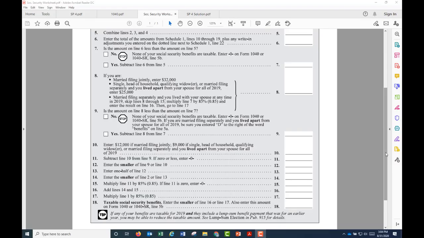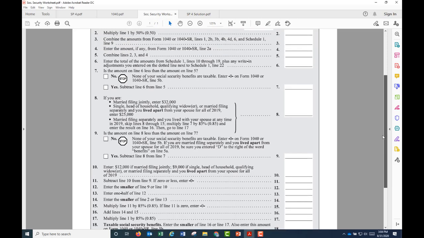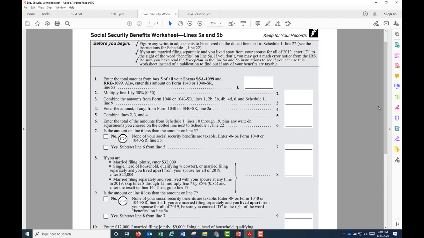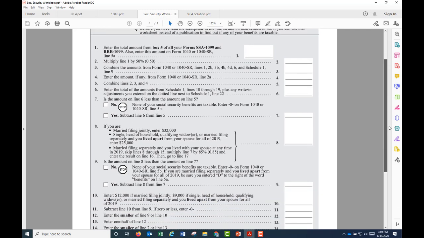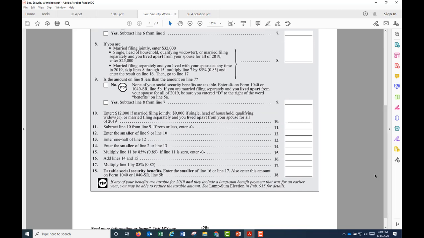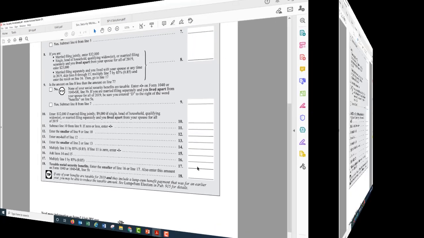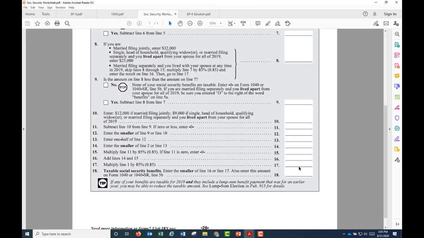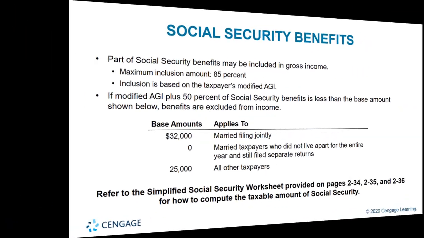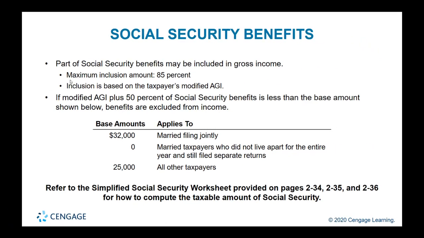Let's jump down to line 17, which says multiply line 1 by 85%. What is line 1? Line 1 is the Social Security benefits, 18,000. That's the income that we're trying to determine how much of it is taxable. So we multiply it by 85%, and so line 17, that is the max that could be included in taxable income. A quick look back at the slide here.